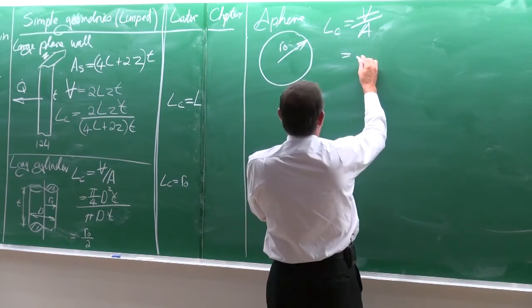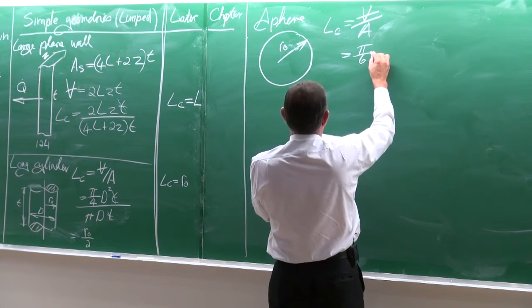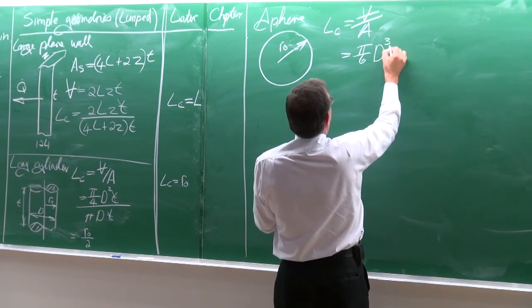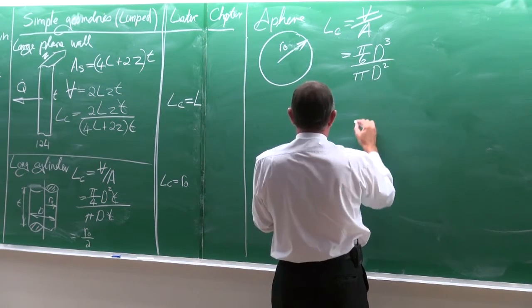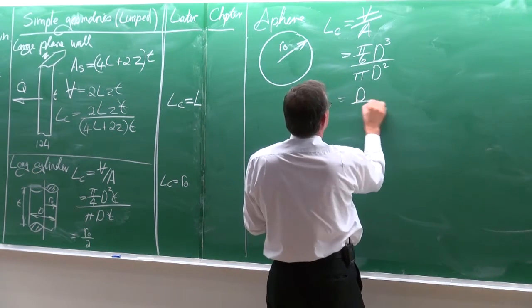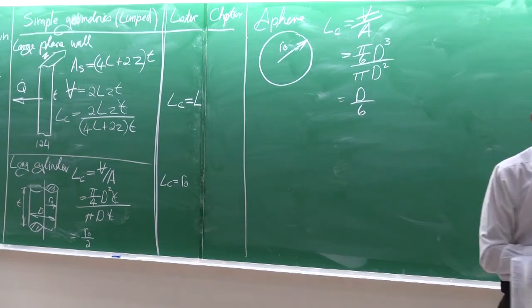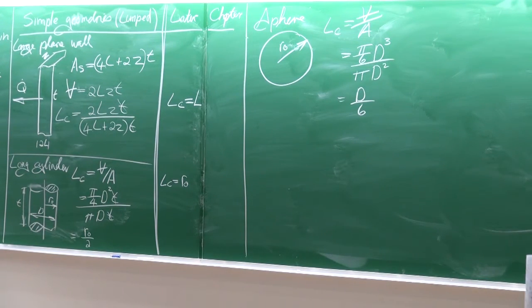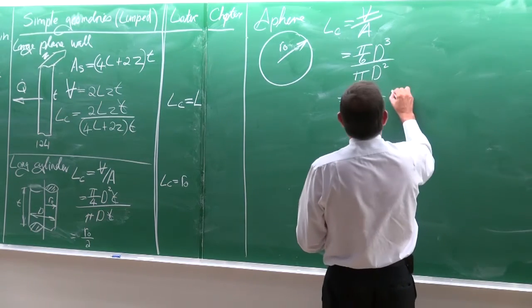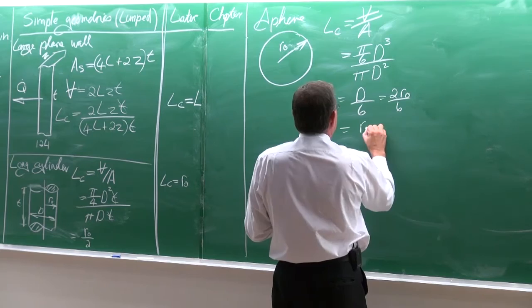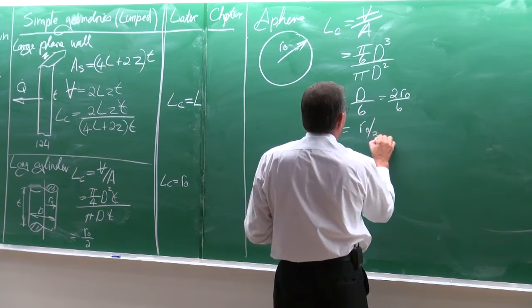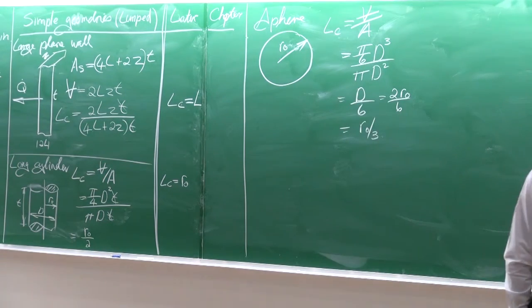So the volume is equal to pi divided by 6 multiplied by diameter to the third, and the surface area is pi multiplied by d squared. The result is diameter divided by 6, which is equal to 2 times R0 divided by 6. So the characteristic length is equal to R0 divided by 3 for a sphere.